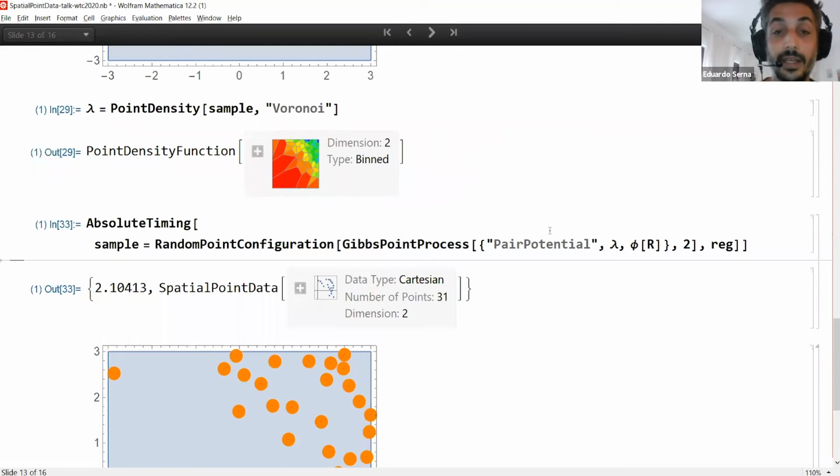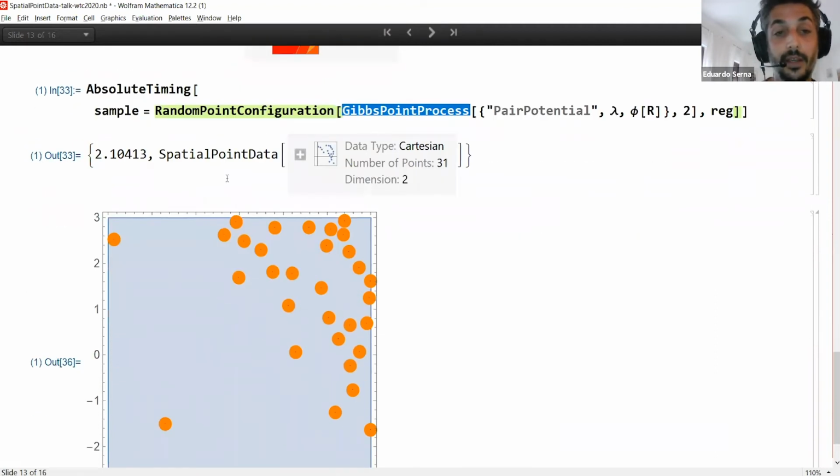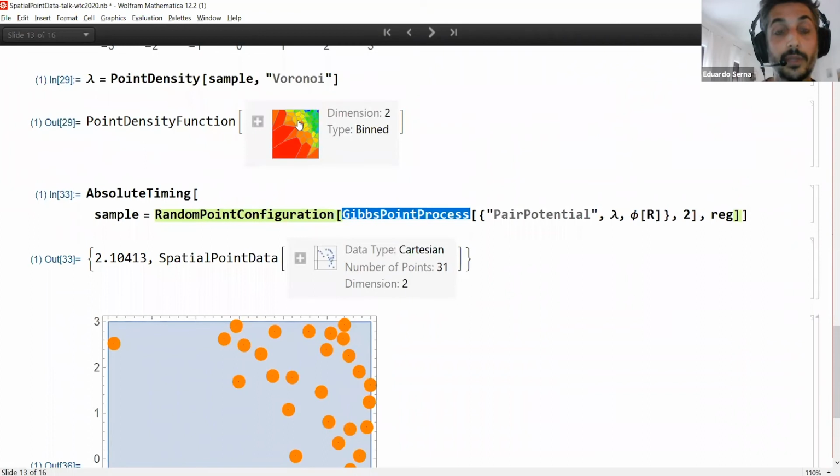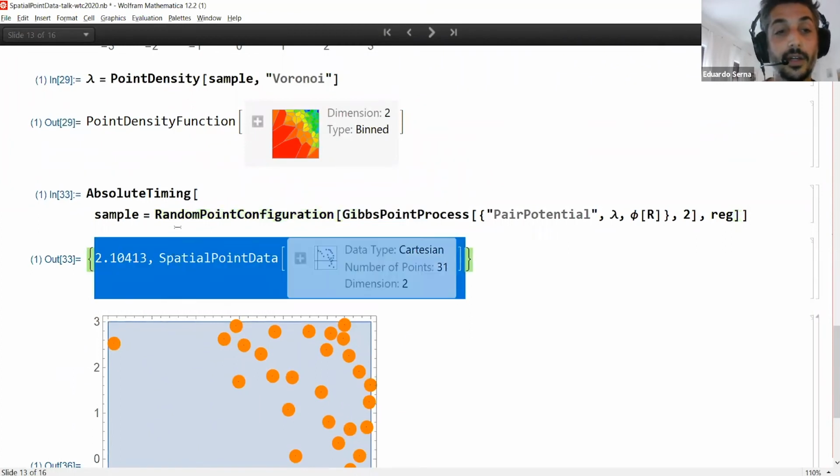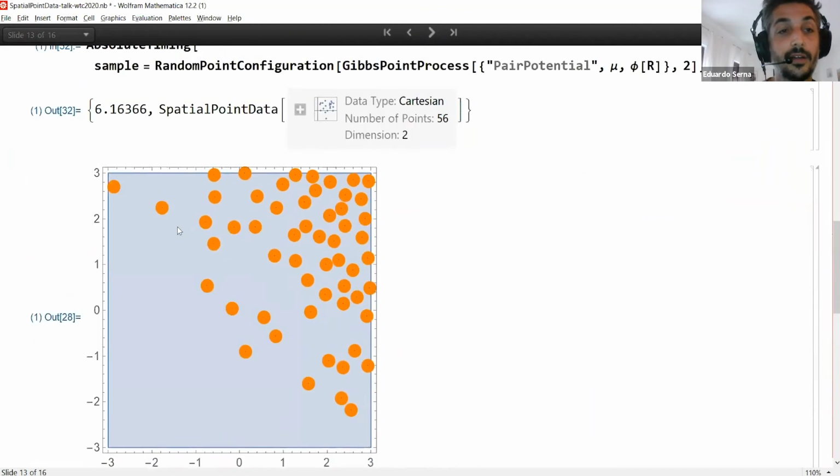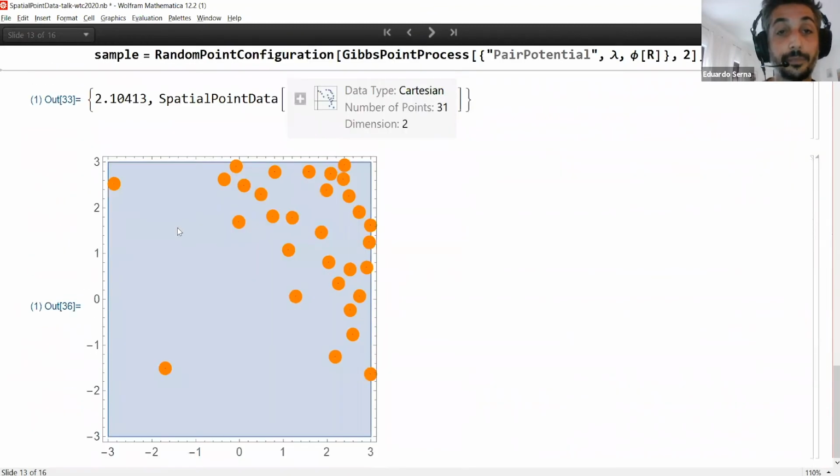So we can give it to the sampler and it will generate the data. And because this is piecewise constant, the sampling is actually a little bit faster. In this case, it took 6 seconds earlier. Now it takes 2 seconds.